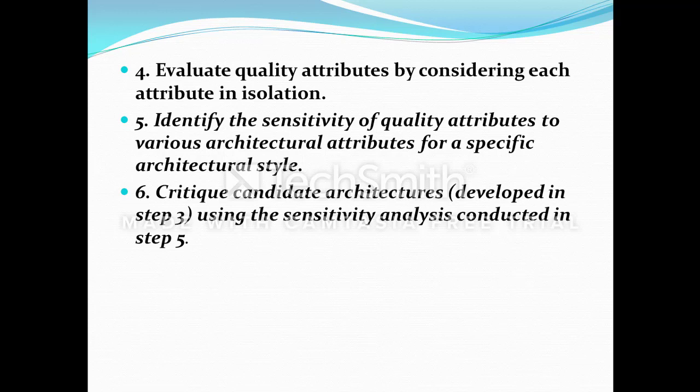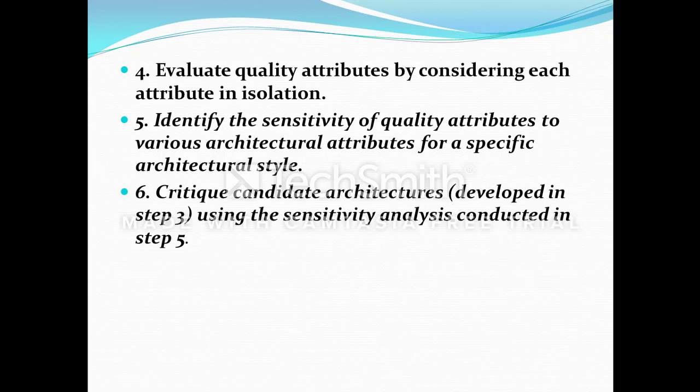Next, the last one, critique candidate architectures developed in step 3 using the sensitivity analysis conducted in step 5. So these are the 6 basic activities performed in the iterative evaluation process in the ATAM method. These 6 steps represent the first ATAM iteration.